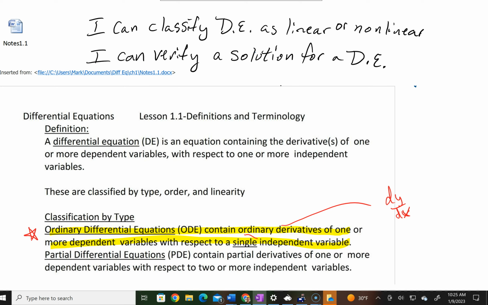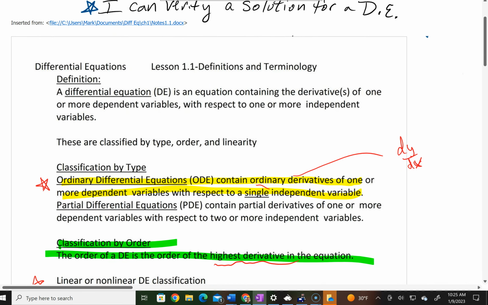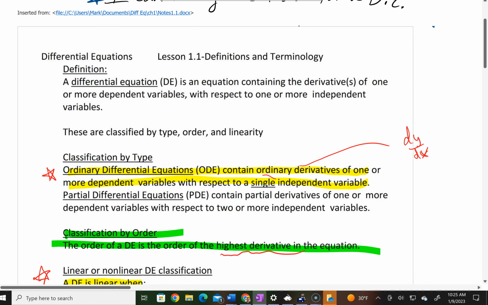And as we get to our first test, I remember quite well, a lot of the problems that you'll have will be verification, showing that a particular function really is a solution for a differential equation. As we progress, we're going to actually find those solutions, but for the moment, we can dive in and show that they are in fact true.